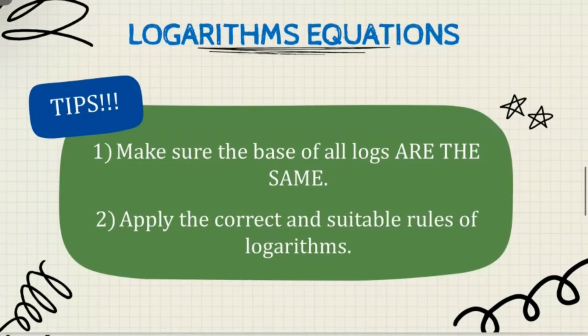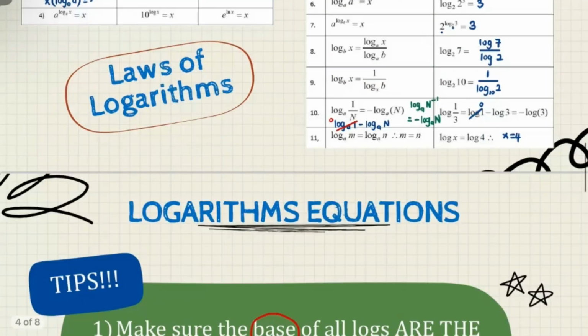Okay. So here is the tips that I would like to share macam mana kita nak solve logarithms. Yang pertama is we need to make sure that the base of all logs in the equations are the same. Okay, selagi base tak sama, kita kena tukarkan base dia lah. So sebab itu penting untuk kamu tahu these properties ataupun these properties.